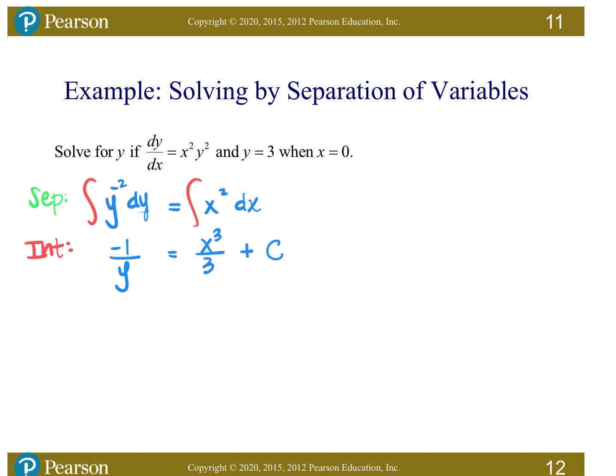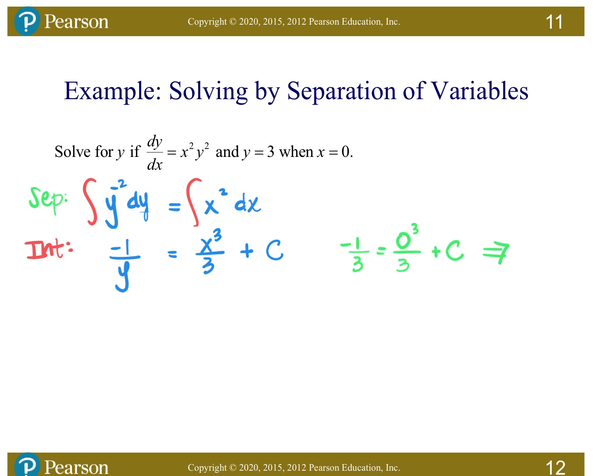Okay, this is the point where you want to substitute in the 3 and you want to substitute in the 0. You want to do that right now. So when we plug in 3 for y, we'll end up with negative 1 over the constant 3. And then when we plug in 0, we'll end up with 0 cubed over 3 plus c.